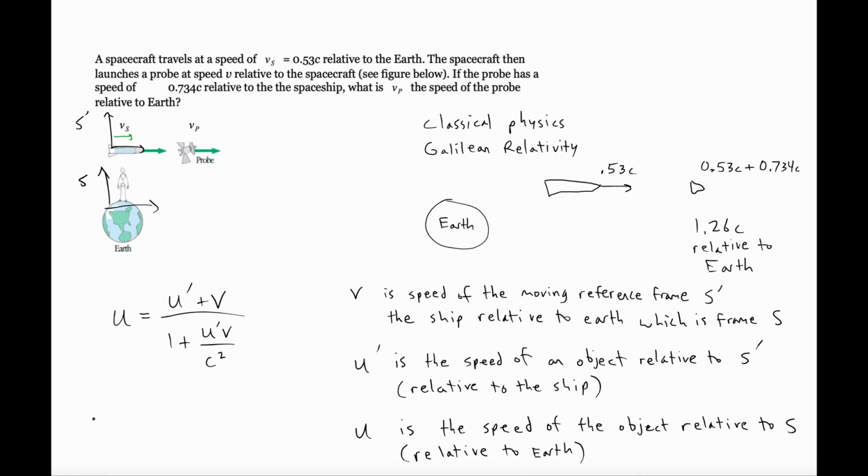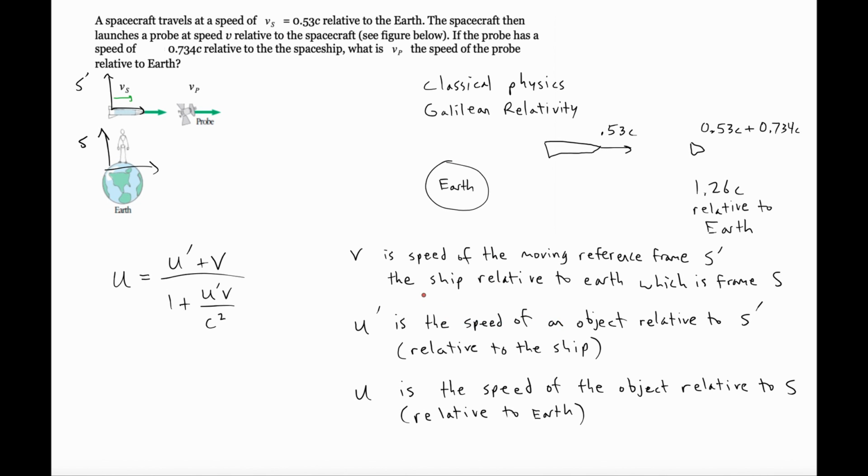All right, so all we gotta do is just plug in the right things into the right places. So v is 0.53 c. That's this. Okay, u prime will be 0.734 c.